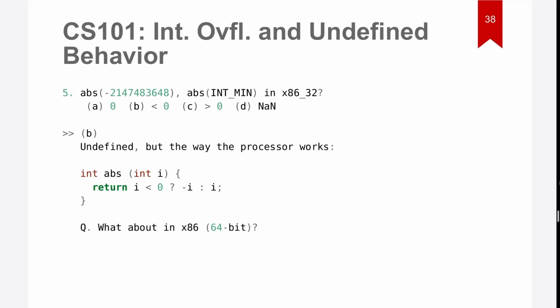So what the processor basically does is it negates the sign, meaning it sets this sign to 0 in this case, and then adds 1 to it, and that will actually end up being the negative int min itself again.